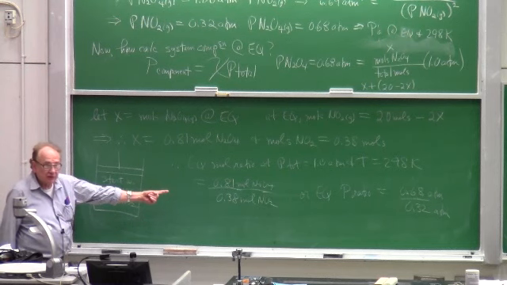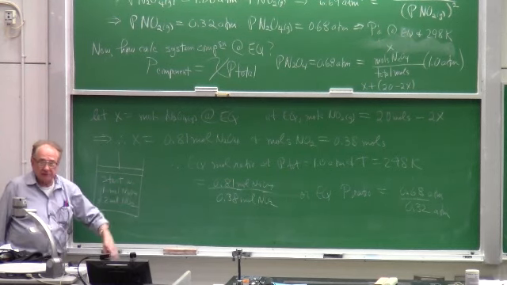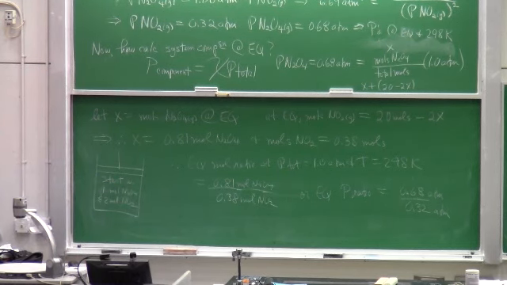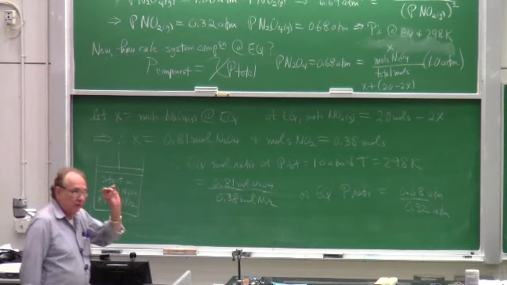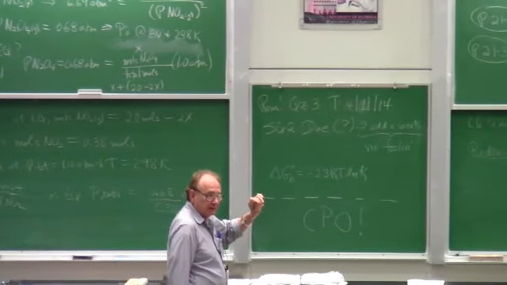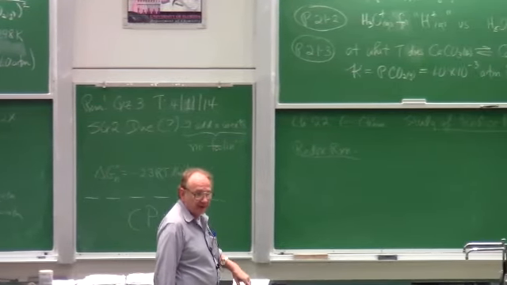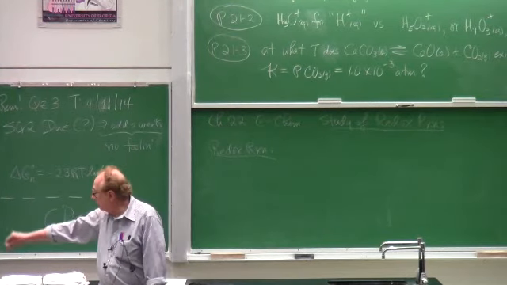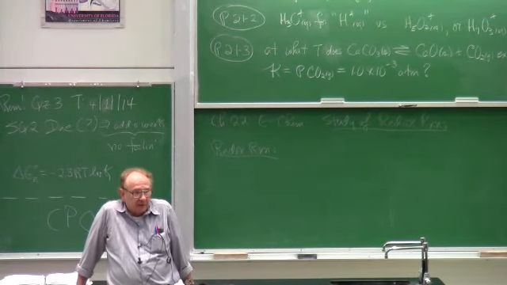This tells us, gee whiz, for this system to be at equilibrium at 298K, the ratio of moles of N2O4 to NO2 must be on the order of 2 to 1. It's a little bit bigger than 2 to 1, isn't it? 0.81 divided by 0.38 gives us a number that's a little bit bigger than 2 to 1.